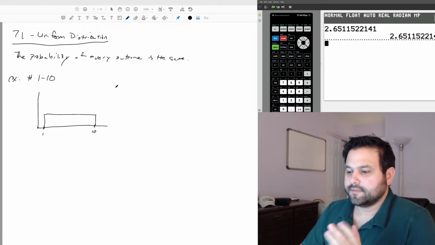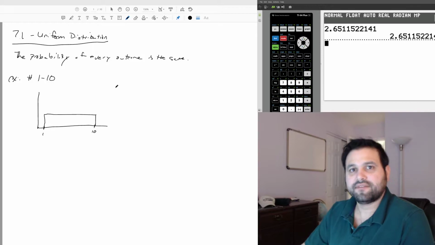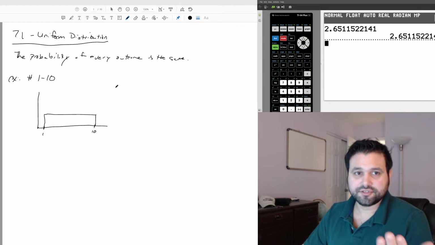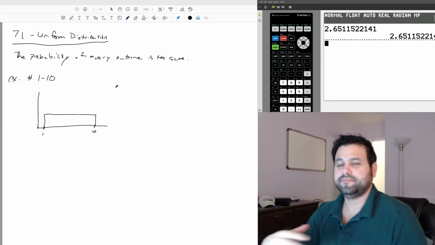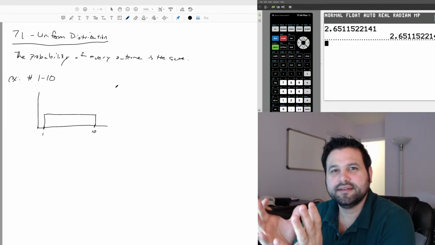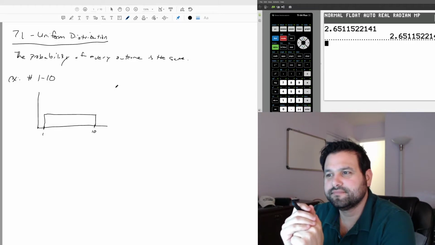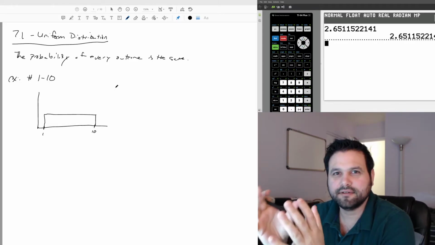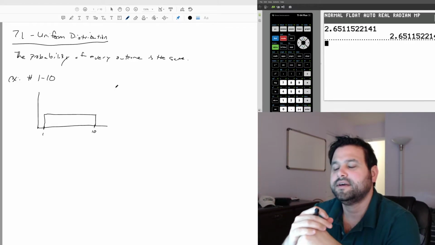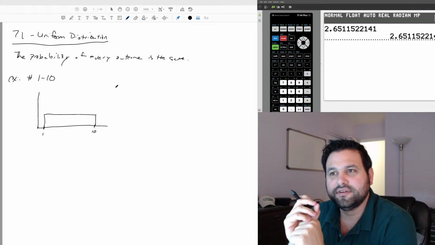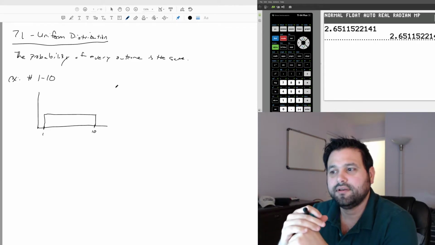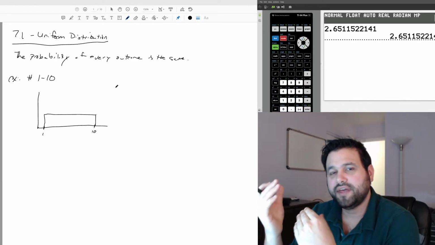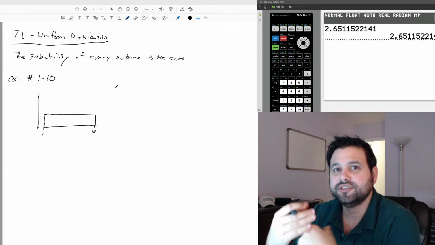Here's the interesting thing. Why was I so confident that nobody would be able to guess 2.651152214? This is where an interesting mathematical thing happens. If I were to truly randomly select a number, the probability of you guessing it is essentially zero.